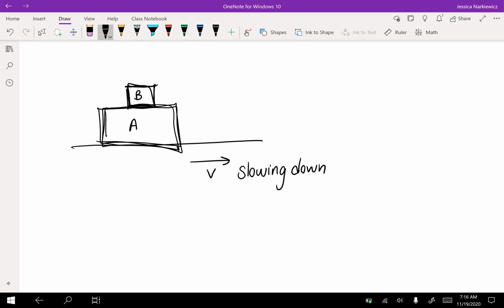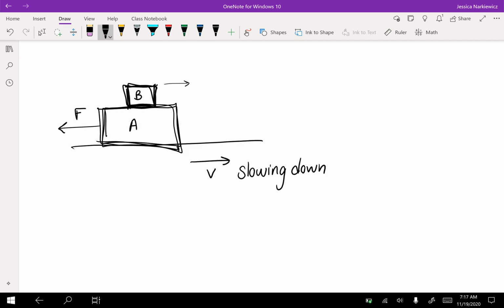The inertia of block B, okay, let's say that there's some force F slowing block A down. The inertia of box B wants box B to keep moving in that forward direction. So without any sort of friction, box B would appear to slide forward. And you've experienced this in your car if you've ever had something on the seat next to you and you apply the brakes, that object appears to slide forward.